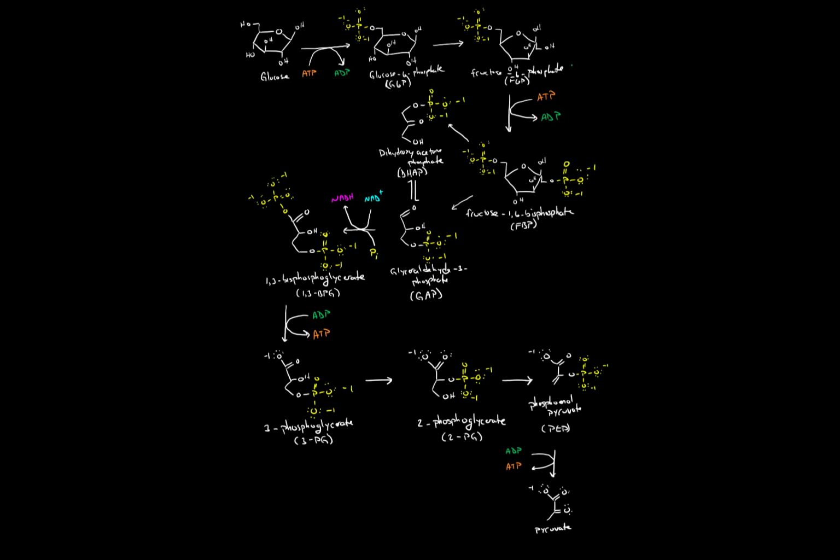The preparation phase is working with 6-carbon units, glucose and fructose, but in the payoff phase we've broken that 6-carbon chain down to 2 3-carbon chains, so every subsequent step creates 2 products. Ultimately, we make 2 equivalents of NADH and 2 equivalents of ATP.